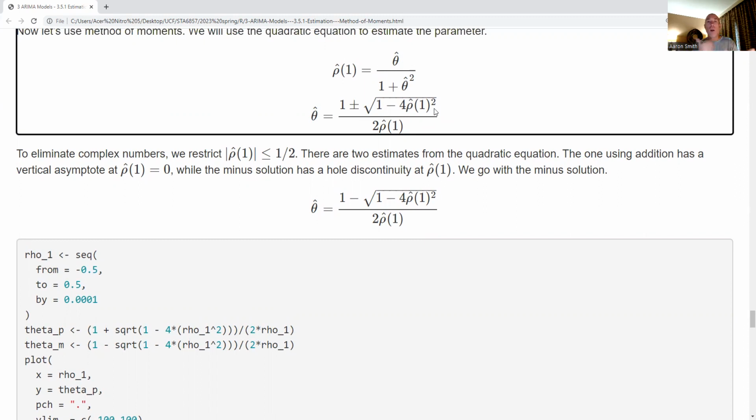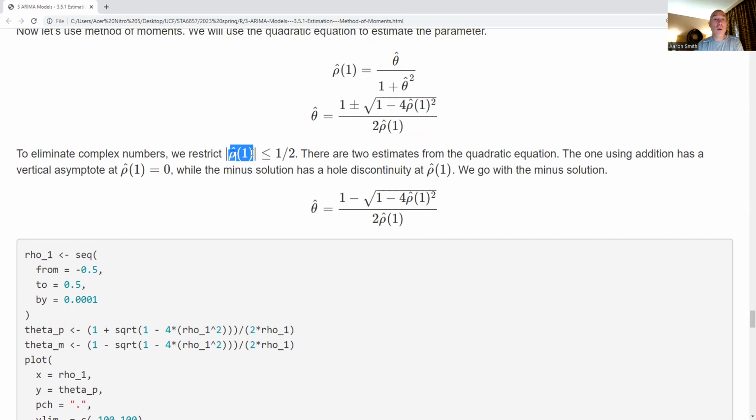If I'm using real numbers coming in and I've got a white noise process as standard normal, it doesn't make sense to get complex numbers. So this is a good example of method of moments really not being that great for the situation. Here, I need to be in a theoretical situation where autocorrelation is less than 1/2 for this model to make sense. Otherwise, this part goes off the rails.